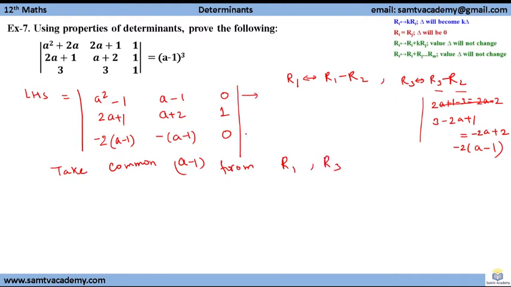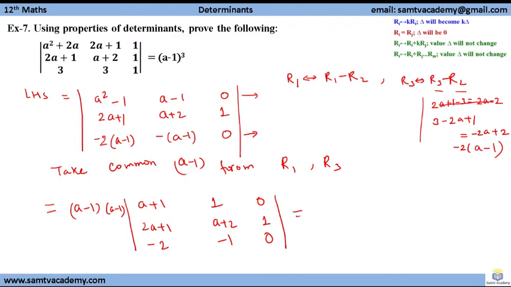So this is equal to a minus 1 outside, and row 1 is left with a plus 1, 1 and 0. Row 2 we write as it is, 2a plus 1, a plus 2 and 1. In the last row we take a minus 1 common from here also, leaving minus 2, minus 1 and 0. Now it becomes a minus 1 whole square.